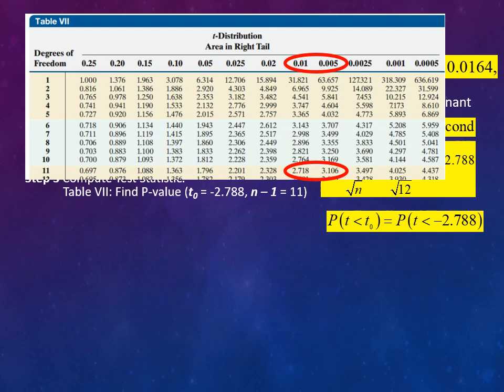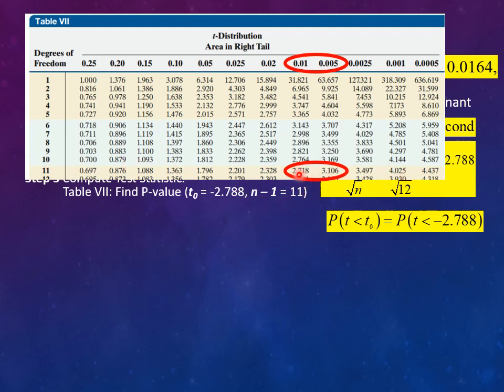So what we can see here is that when we find the test statistic, remember this table is about a right tail thing. So even though our test statistic is negative, we're really just looking for the positive value in this 11th row, right? Because our degrees of freedom equals 11.